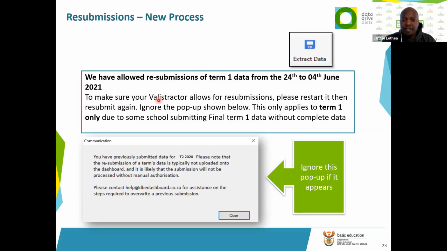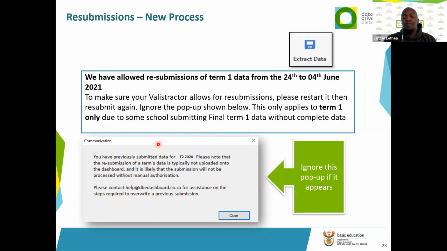To make sure your Validator allows for resubmissions, please restart it, then resubmit again. Ignore the pop-up showing below. This only applies to term 1, due to some schools submitting final term data without complete data.